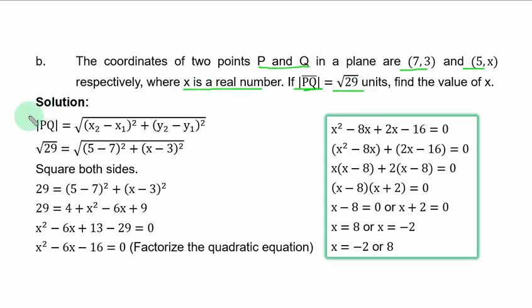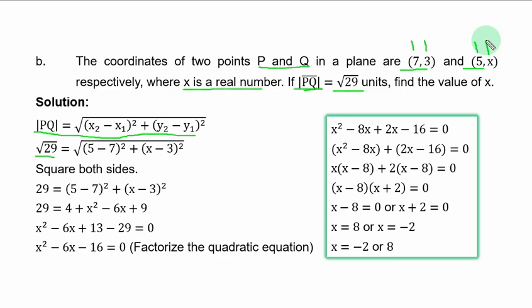The length PQ can be obtained using the simple formula for the distance between two points, and PQ is already root 29. Now if you go by the coordinates, 7 is x1, 3 is y1, 5 is x2, and s is y2.